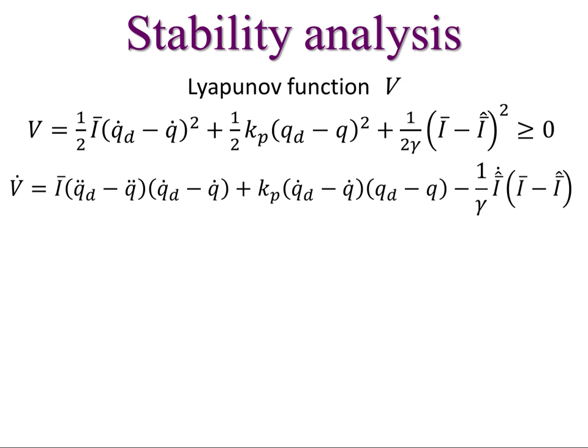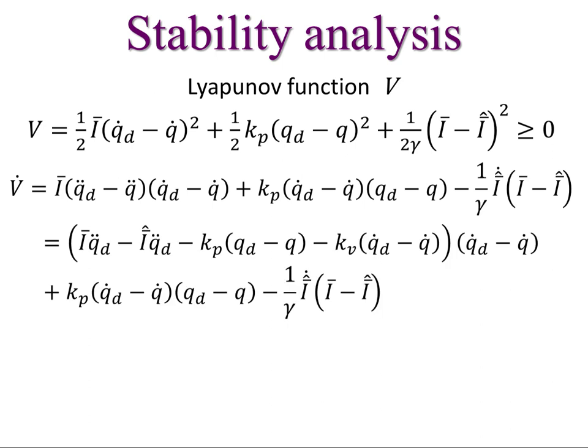The derivative in the third term is like this equation, because the I bar is a constant and disappears when it is differentiated by time. We then substitute the motion equation with adaptive control into I bar q2 dot of the first parentheses, and obtain this equation.